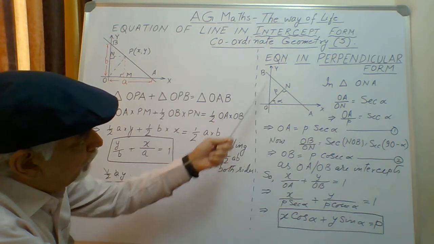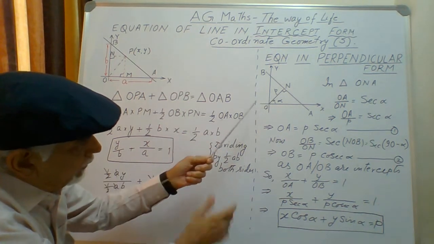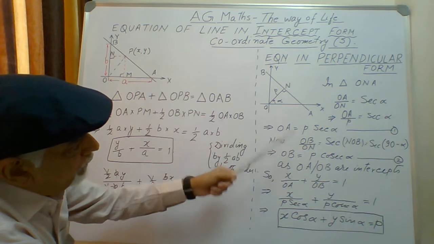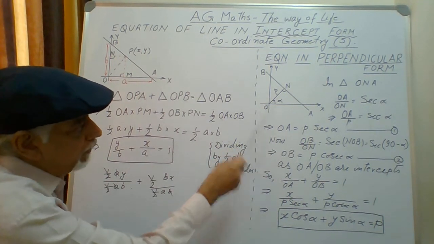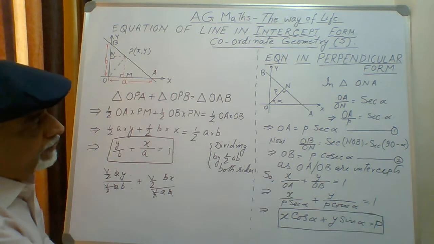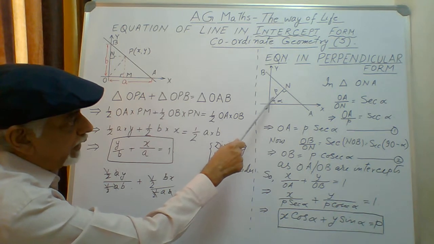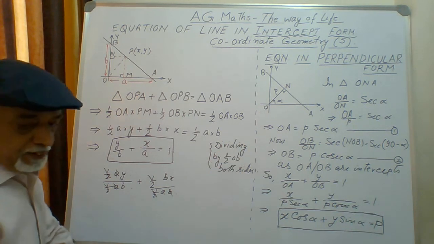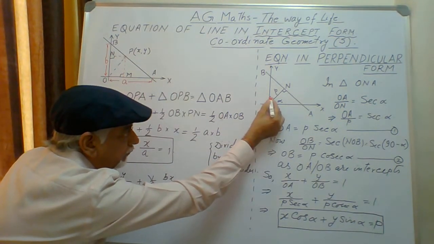ON by OB should be cos of this angle. But if I say OB by ON, the reciprocal, then it becomes the sec of this angle. So OB by ON is the sec of angle NOB, and NOB is 90 minus alpha. This whole angle was 90, and if this is alpha, then this remaining angle we will call 90 minus alpha.